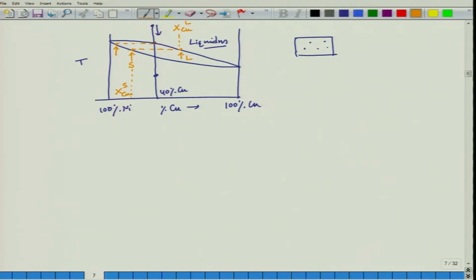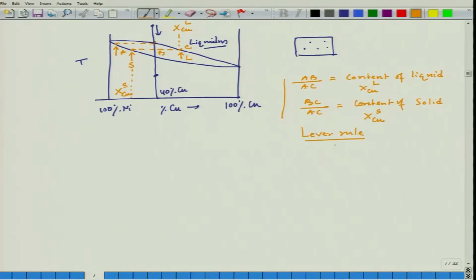We can say that if we connect it as A, B and C, AB by AC is the fraction which is the content of liquid with a composition X copper liquid, and BC by AC is equal to the content of solid with a composition X copper solid, and this is coming from the lever rule, which simply follows mass conservation.